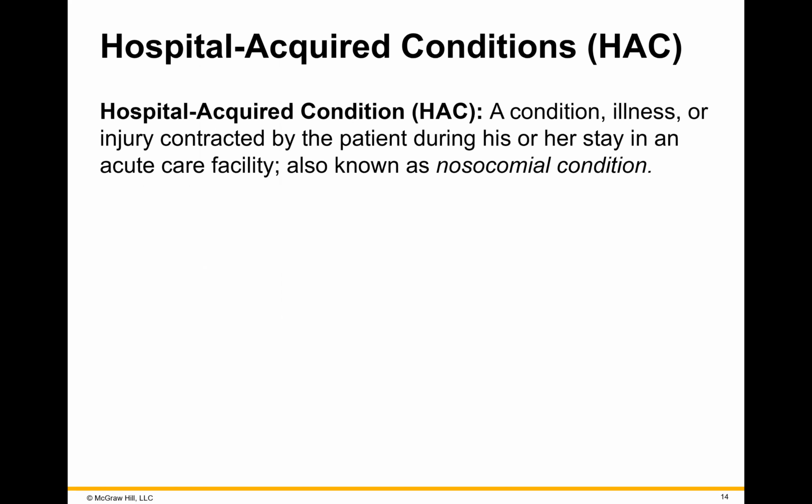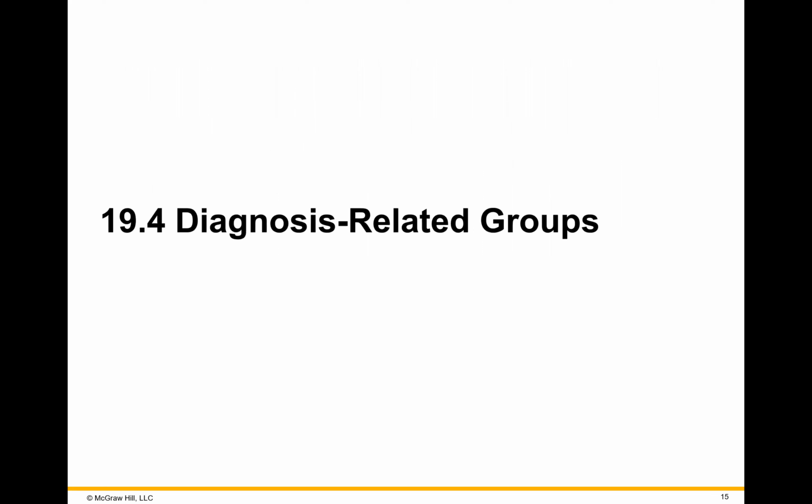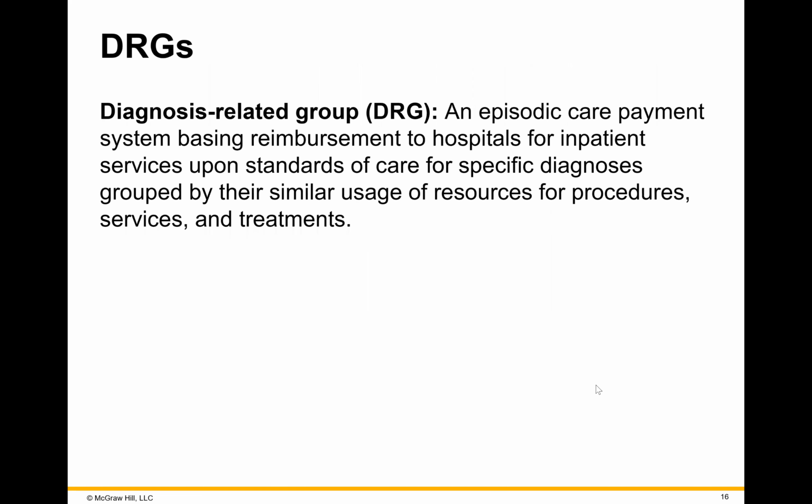Hospital-acquired conditions are basically conditions that develop once the patient is in-house. This can also be referred to as a nosocomial condition. And how this relates to everything else is a DRG, or the diagnosis-related groups. DRGs came into being in the 1980s, and DRG is the way we still refer to them, although they've now been refined a little bit.